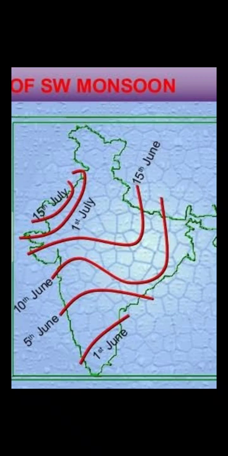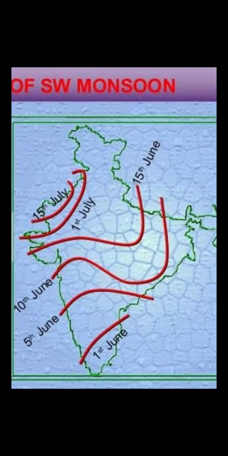So you must mention that as the monsoon winds strike the coast of Kerala by the first week of June, they bring along with them heavy rainfall accompanied with violent thunder and lightning, and this is called the burst of the monsoons.